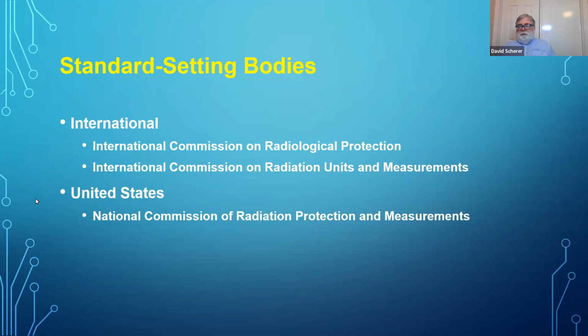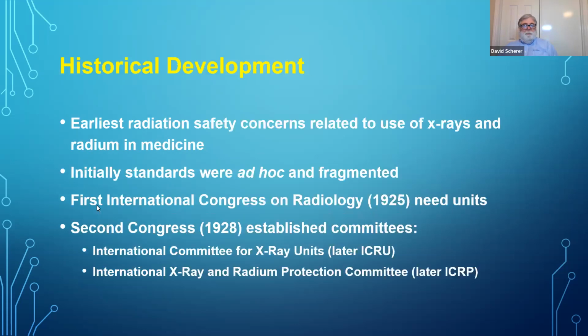But they do have something to say about radiation protection as well. In the United States, we have the NCRP, National Council on Radiation Protection and Measurements, and they are the authoritative body that people look to for guidance on practice of health physics in the United States. Okay. Now, historically, I'm going to go through a little bit about how these developed.